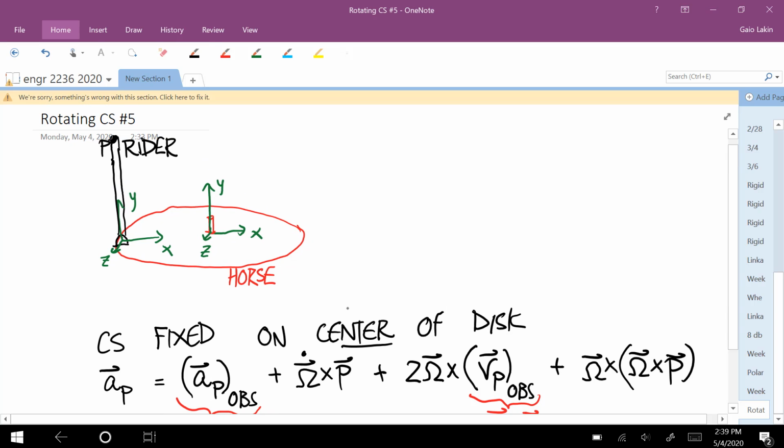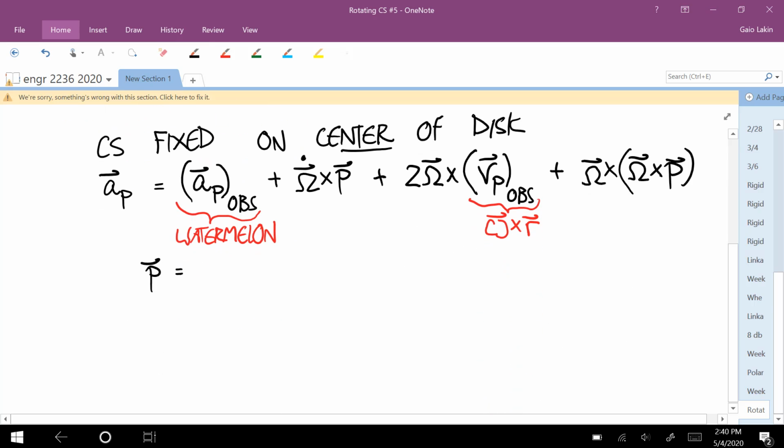So the P vector is just the vector that goes from the origin to the point P. The radius of the disk is 1.5 meters, so it's 1.5 in the negative x, and then 1.3 in the positive y.